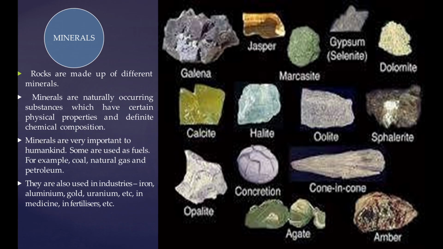Some are used as fuel, for example coal, natural gas and petroleum. Minerals are also used in industries, for example iron, aluminium, gold, uranium, etc. They are also used in medicine and in fertilizers. Some of the minerals we can see here on the screen in the pictures.